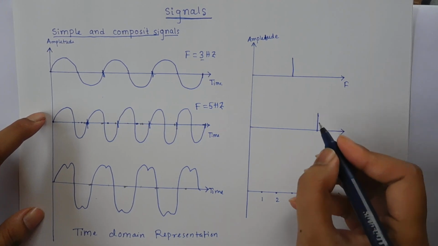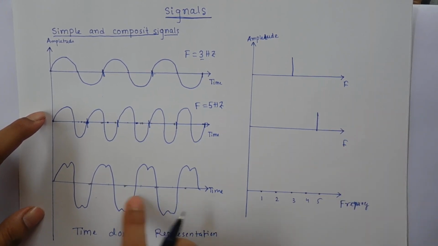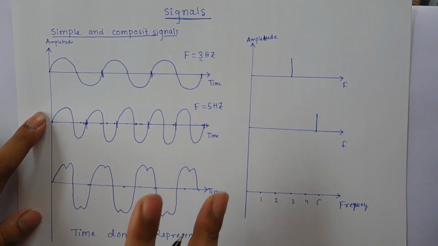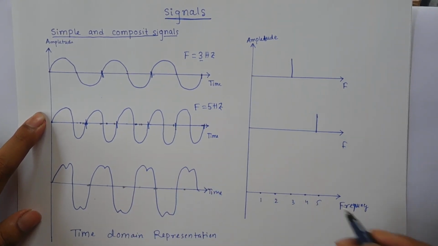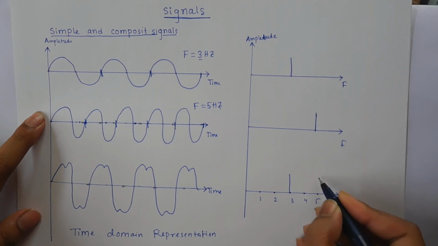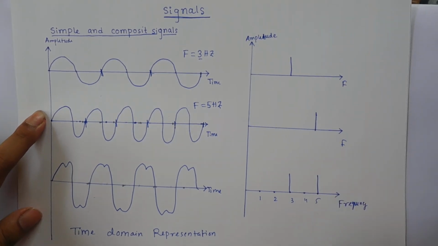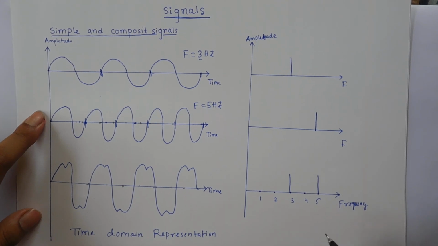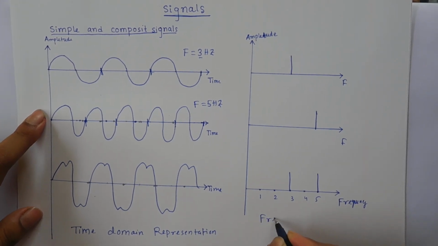Okay, and this composite signal is an overlap of these 2 frequencies, 3 and 5. In this way, simply, we represent the frequency domain representation.